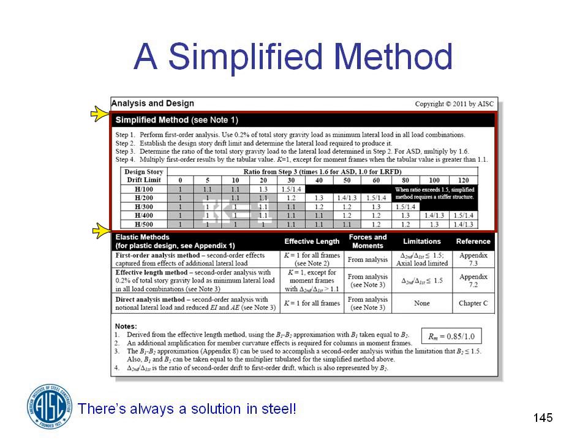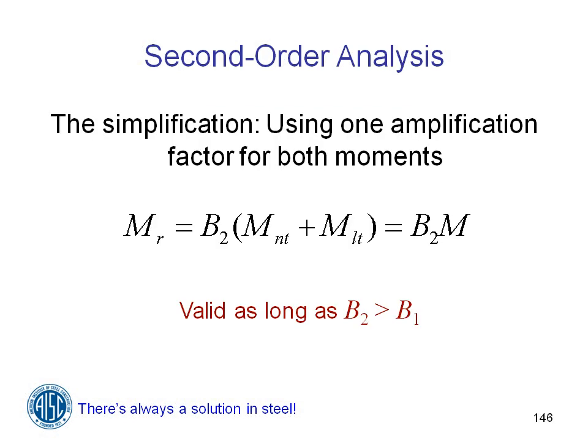So you can take a look at it there when you get your manual, if you get that before you get any of these basic design value cards. All right? And that method is based on a very simple assumption. As long as B2 is greater than B1, then we can simply multiply all of our moment by B2. That certainly simplifies things because then we don't have to worry about the MNT, MLT.